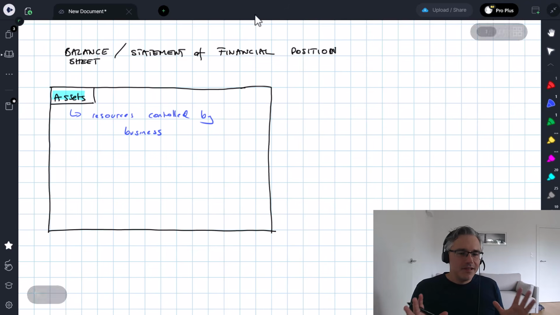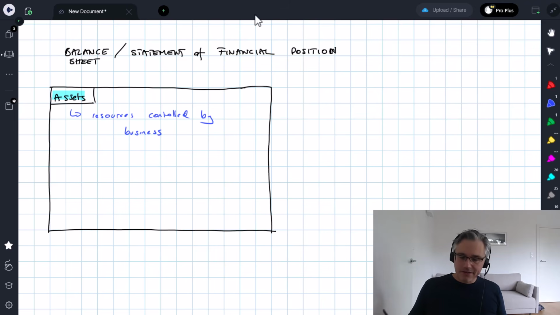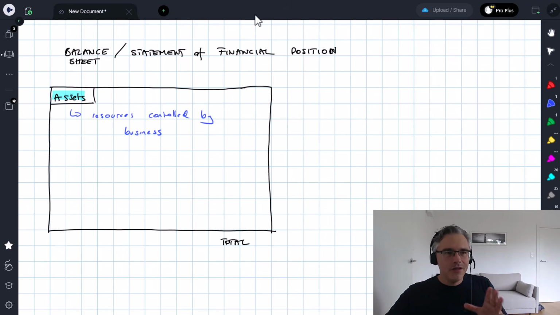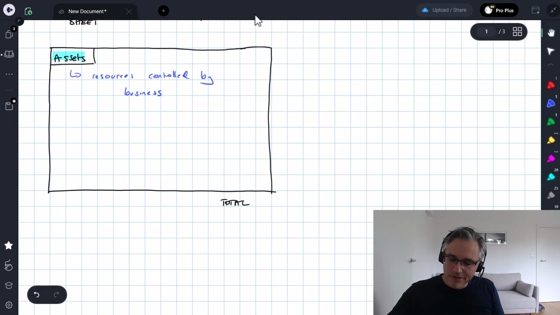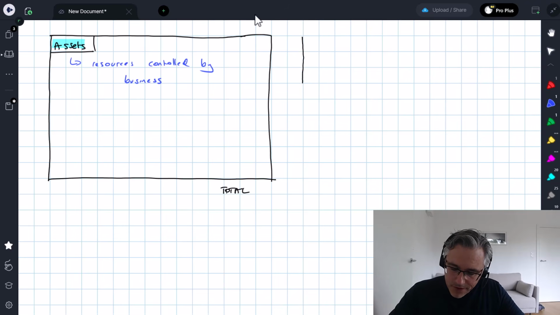Just appreciate that there is going to be a list of different valuable things called assets, and at the bottom we'll be able to compute the total of everything that's within our assets. On the other side, on the right hand side, I'm going to make room for 2 blocks.